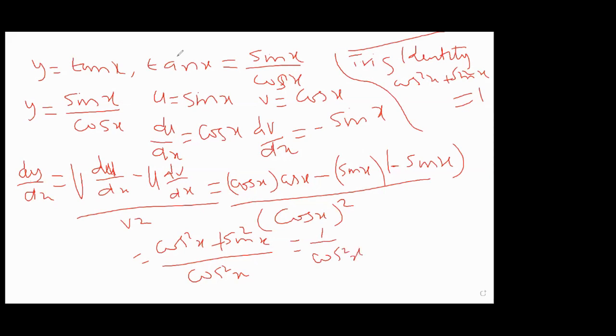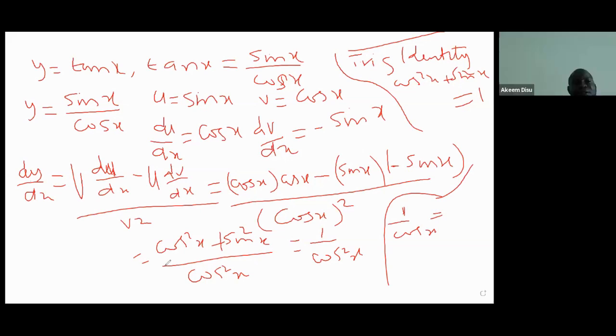And in trig identities, 1 all over cos square x will give you what? Somebody, mathematics. Let me even show my face this time around. Can you see me now? Yes, sir.